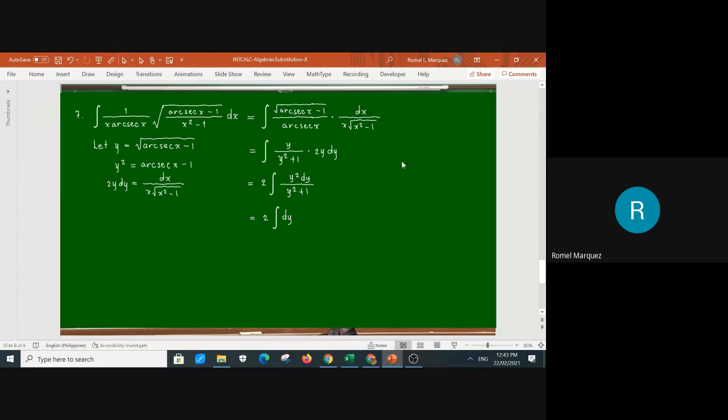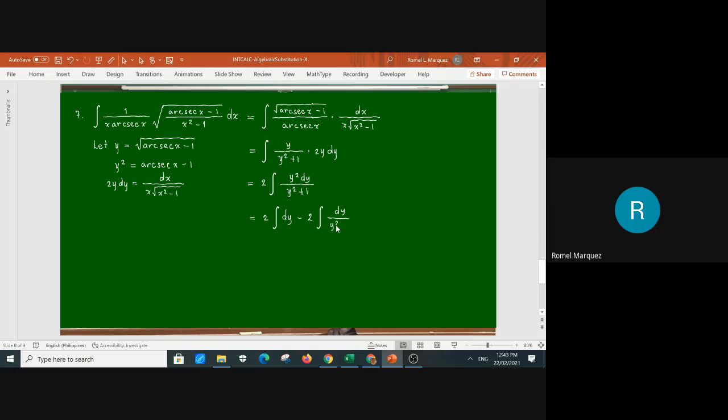So we have y squared plus 1 minus 1. So minus, there we have a multiplier 2. Okay? Integral of dy. So plus 1 minus 1. So 1 plus 1 minus 1 times 2 here.